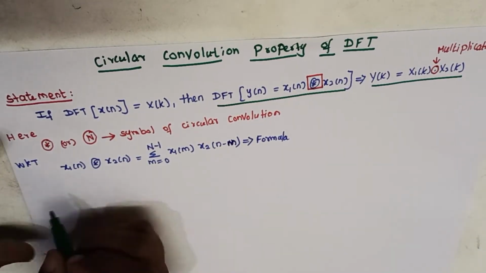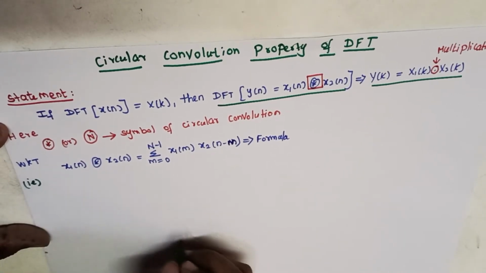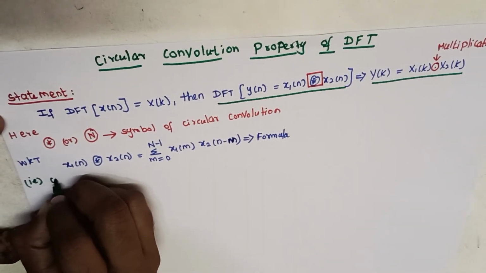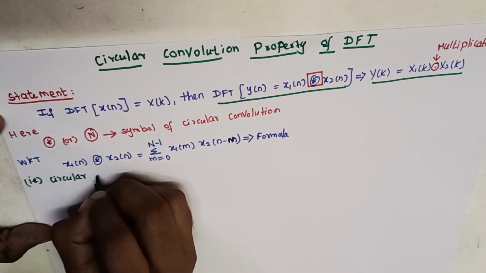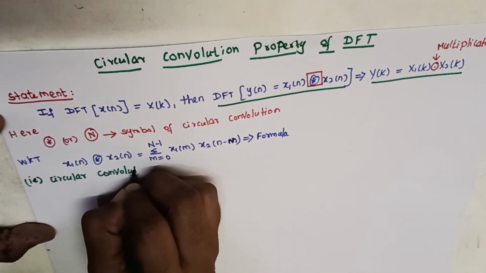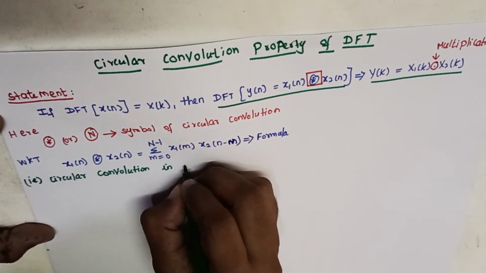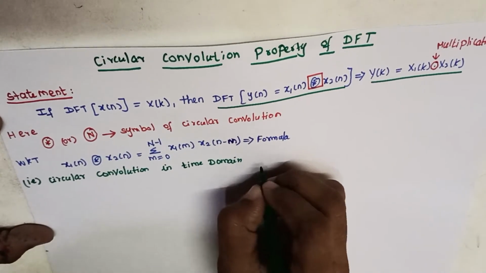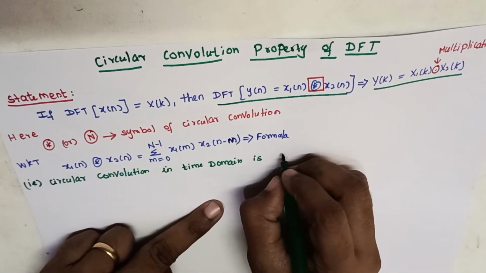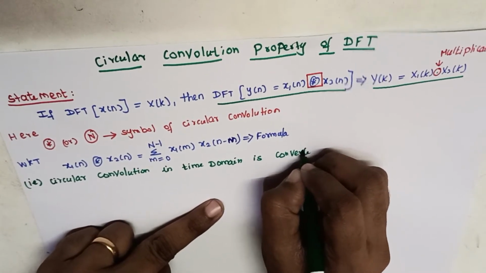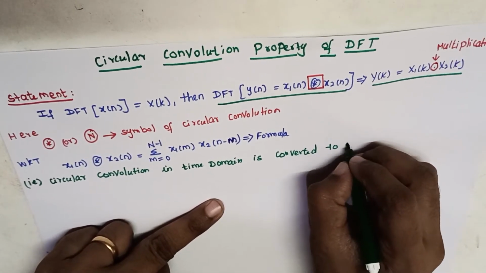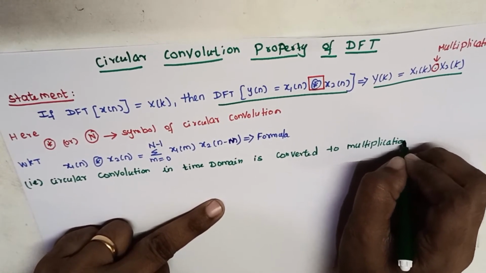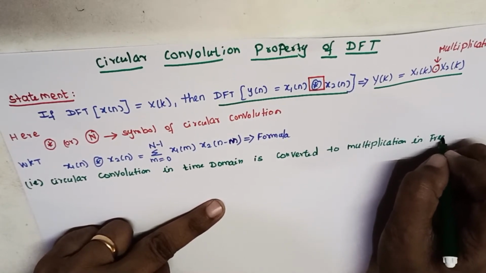So we can say that using this circular convolution property of DFT, the advantage that we get is circular convolution in time domain is converted into multiplication in frequency domain.